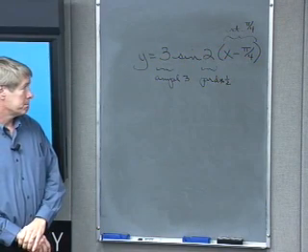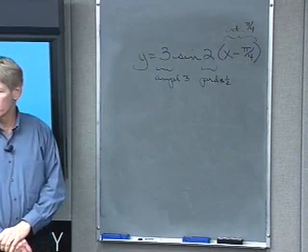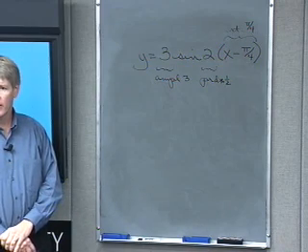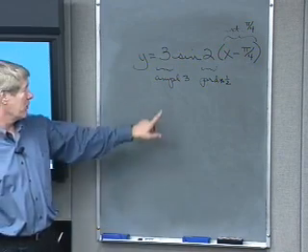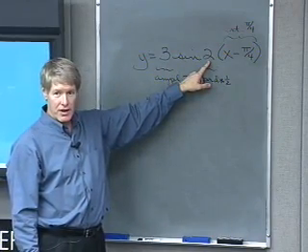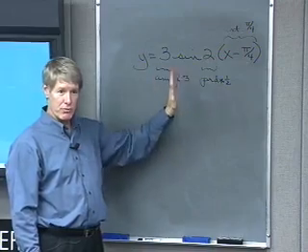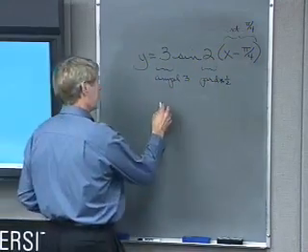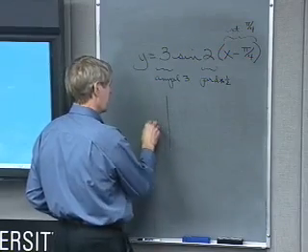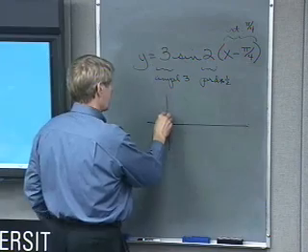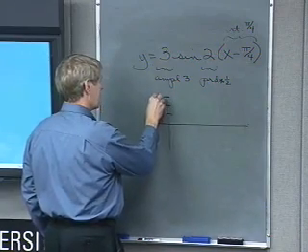Gosh, how would you go about sketching that with all 3 of those? I think I know what I would do. I would probably graph this and this first. I think I can handle those 2, and then just slide some points over to the right, pi over 4. Here's probably how I would handle this. So amplitude is 3. Let me plan ahead here.